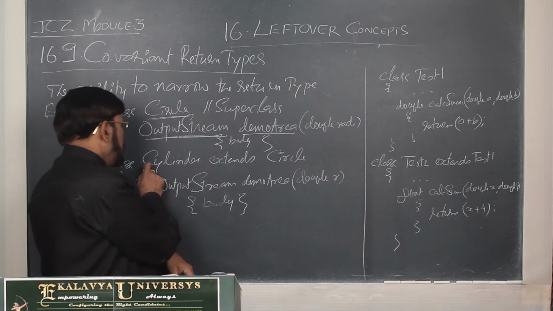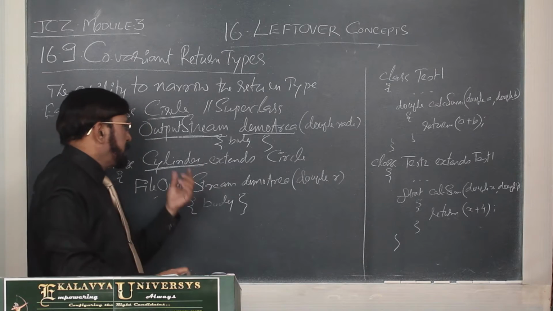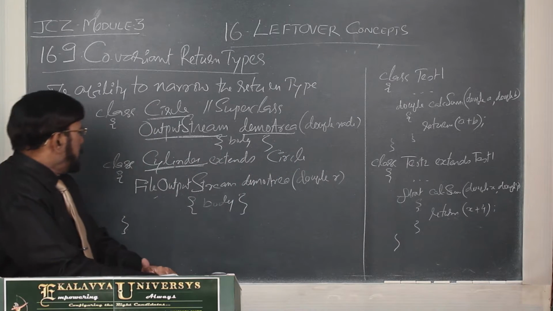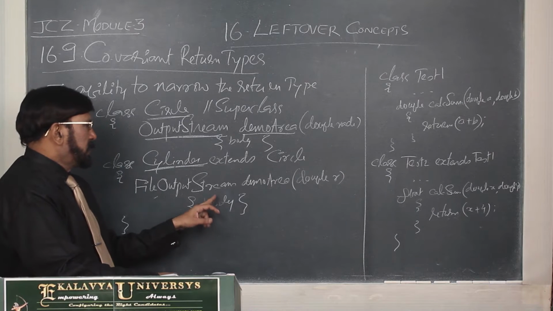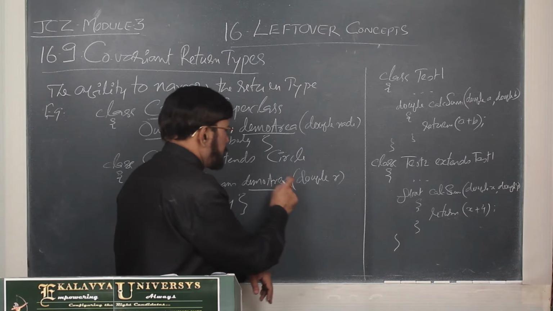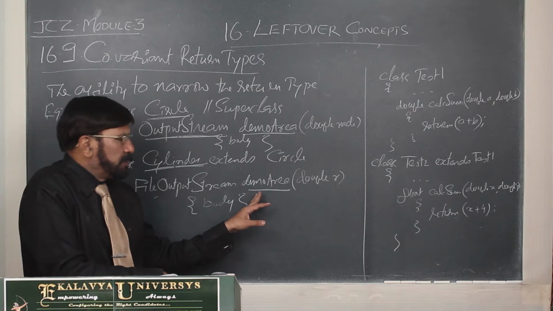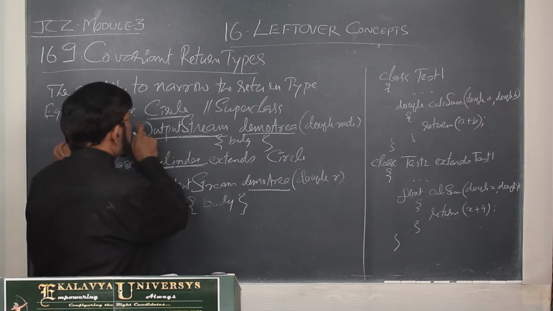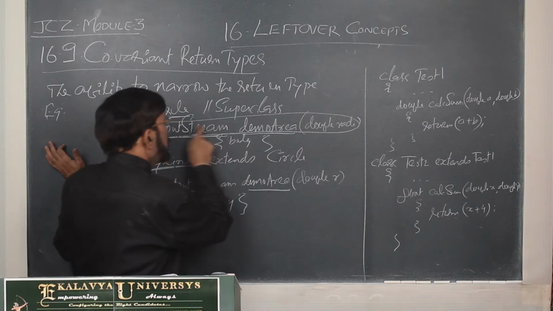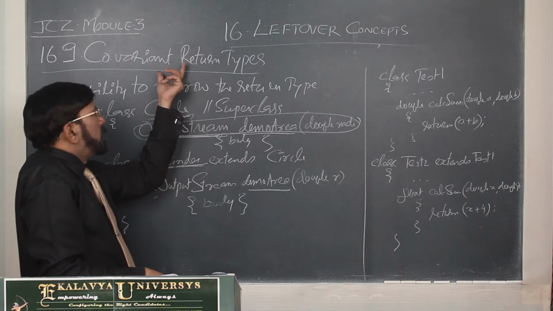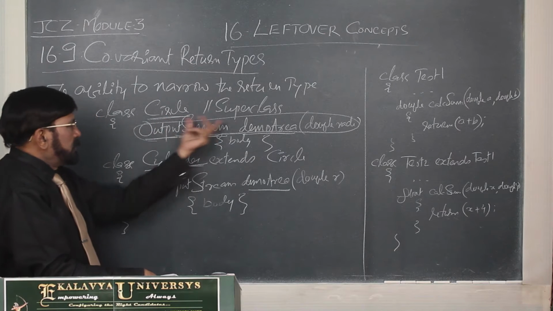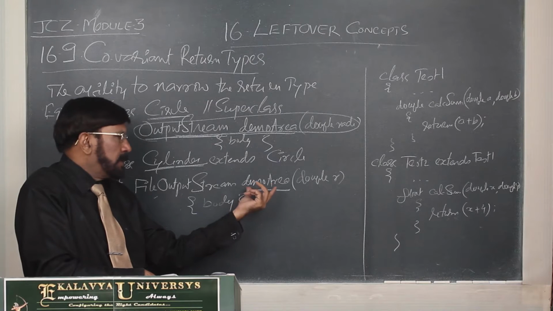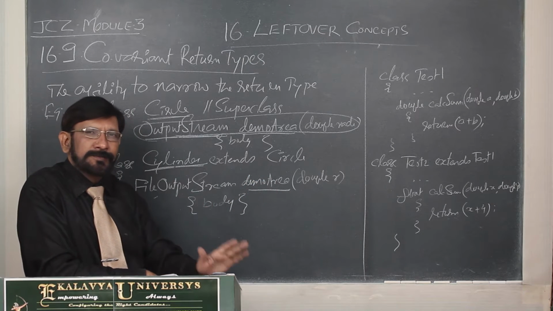So this method in the superclass we have written. Thereafter, we have the subclass written as Cylinder. Cylinder extends Circle. In that also, a similar method, demoArea, we have written. The prerequisite is that the entire signature should be the same, according to the concept before this. Whatever signature is here, the same signature should be used in the overridden method in the subclass also.